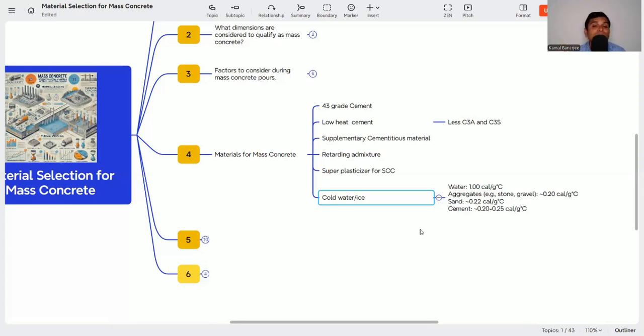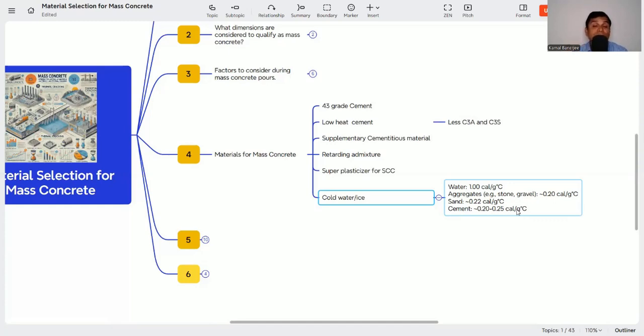For aggregate it is 0.2, sand is 0.22, cement is 0.20 to 0.25. So the specific heat is high with water, and that is why it has the capacity to reduce the core or concrete temperature. So either cold water, or better, ice.